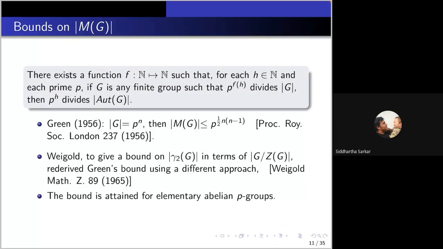So it was Green's bound, which says that if the order of G equals p to the power n, then the order of M(G) is less than or equal to p to the power half n(n-1). Wiegold gave the same bound using a different approach while he was trying to get a bound on the commutator subgroup of a group G in terms of the order of the central quotient.